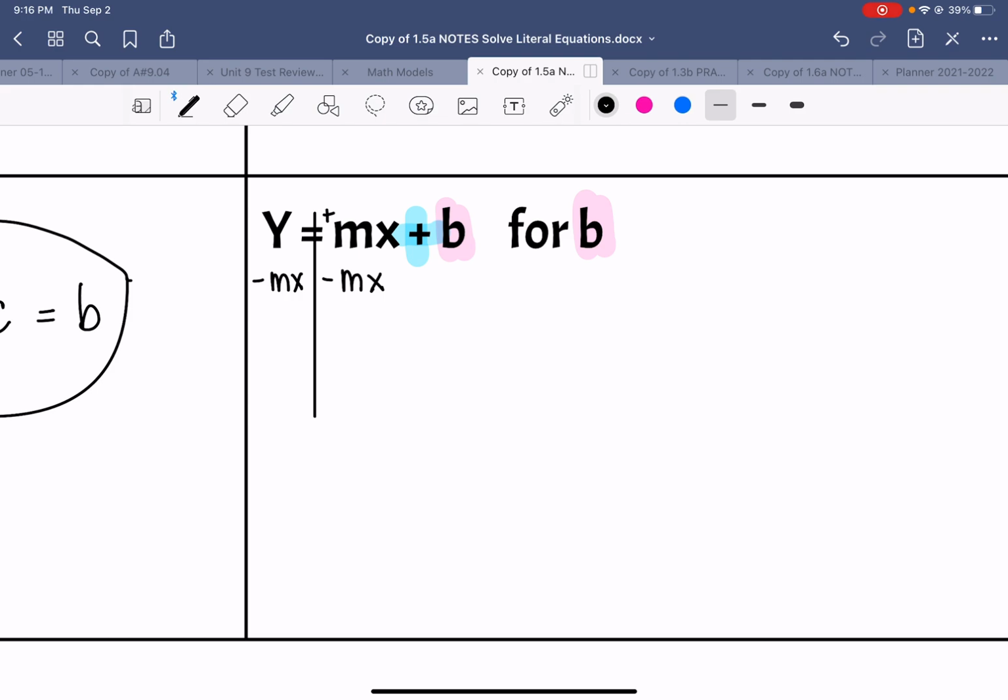And I know you must think, like, why am I not dividing it? Well, I have to think back to that question I was originally asking, and what is happening to B? Well, nothing's being multiplied to B. The only thing that's happening to B is it's being added to something that is multiplied, which is MX. So I can undo that or move it to the other side by just subtracting it on both sides. So Y minus MX will get us B.